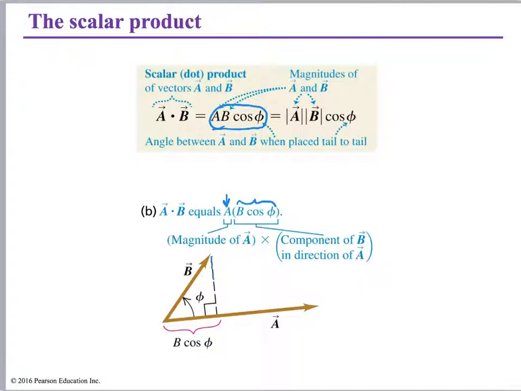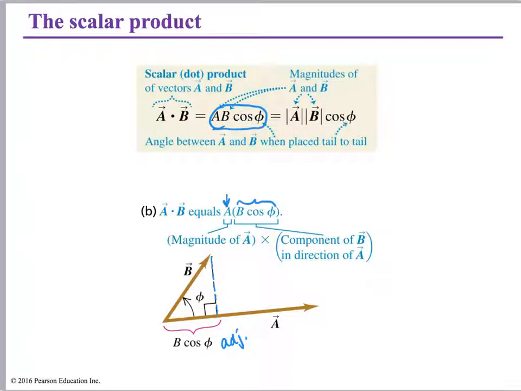Notice that if we take the projection, or the component of B that's parallel to A, which would be B cosine theta, because remember, this would be the adjacent side to the angle. It's like taking the magnitude of one vector times the component of that other vector that's in the direction of the first one.